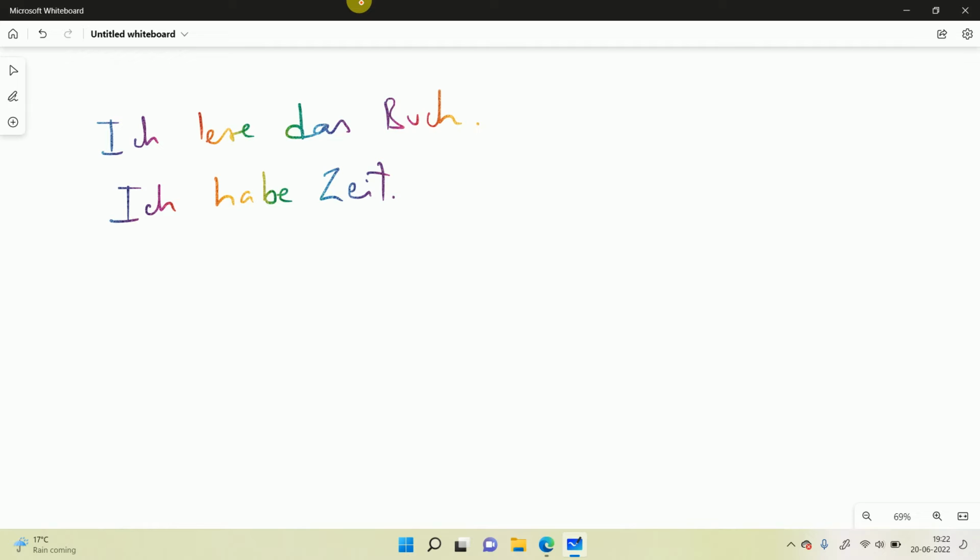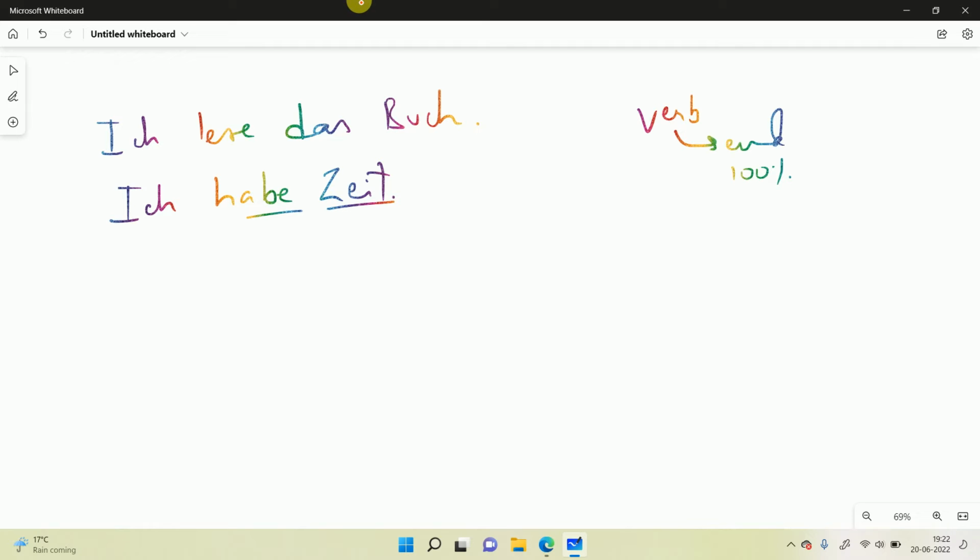Let's try to convert it using when. Somebody want to give a try? Yeah, please. Ich lese das Buch, wenn ich Zeit habe. Perfect. Absolutely perfect, because what you did is you kicked the verb to the end. He said ich lese das Buch, wenn ich Zeit habe. At the end he is putting the habe. 100% perfect.